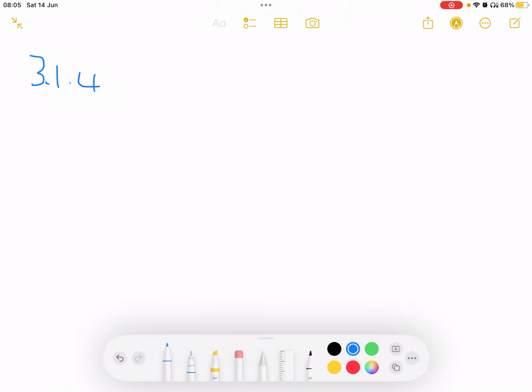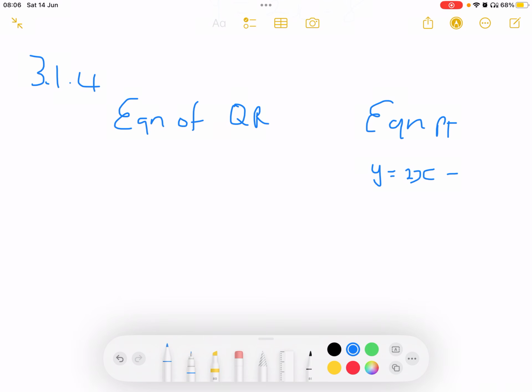We need the equation of QR, and we also need the equation we created for PT, to equate both of them. The one we calculated is y is equal to 2x minus 8. Now we want the one for QR.